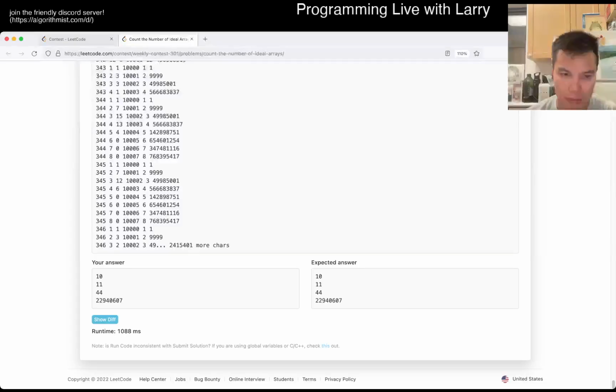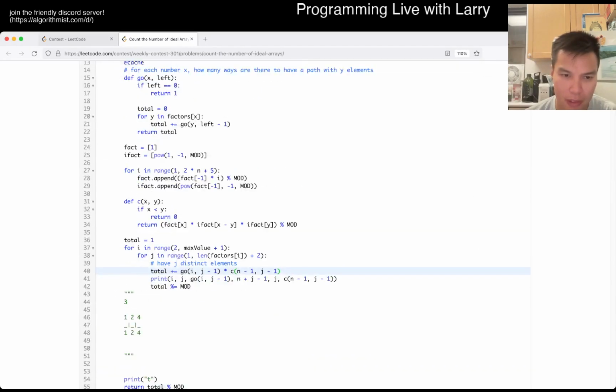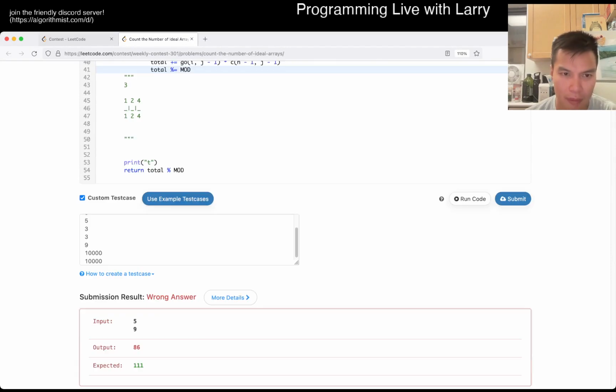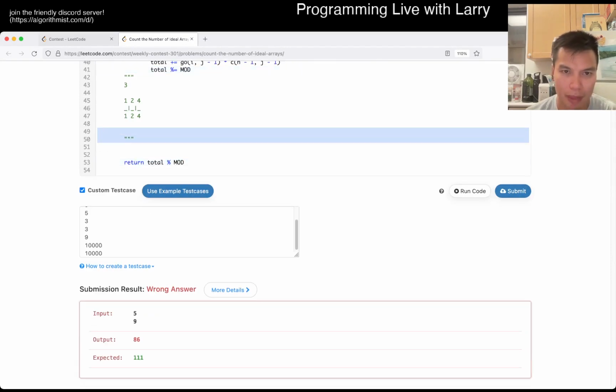Whoops, I printed it. We got the right answer. Okay, so I spent a long time on this typo. I wouldn't call it a typo, but on bad math.